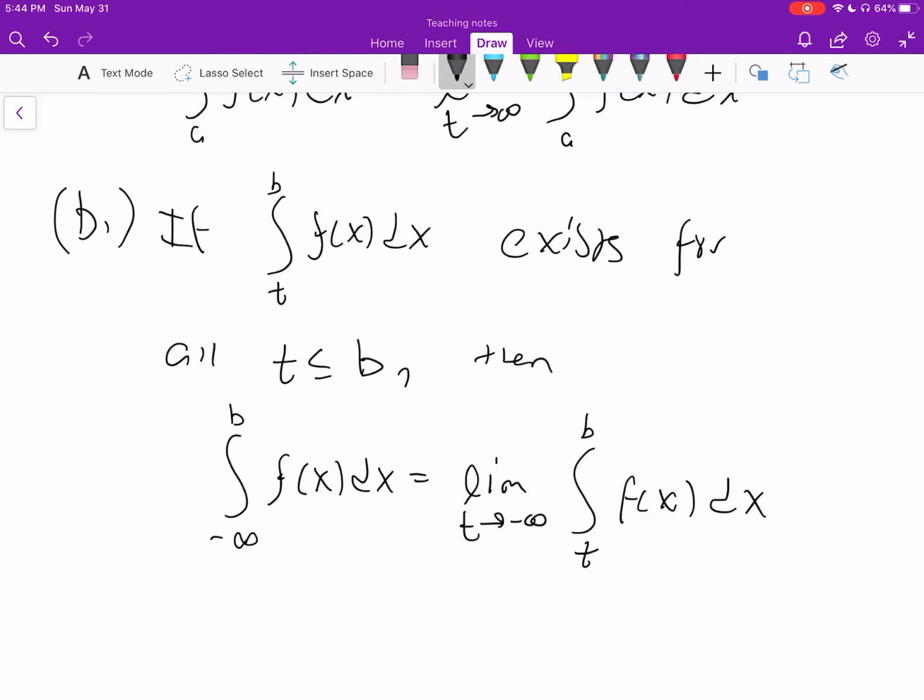Again, all this is saying is, if I want to evaluate an integral over an infinite interval, all I do is use a variable, and then send that variable off to infinity after I integrate.